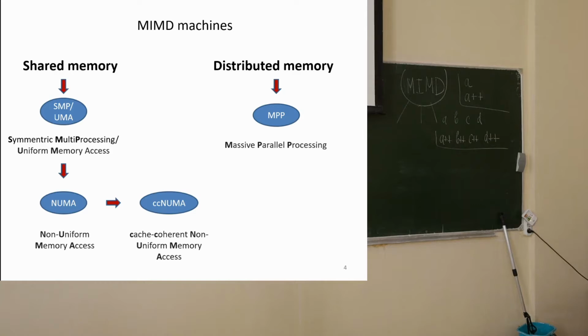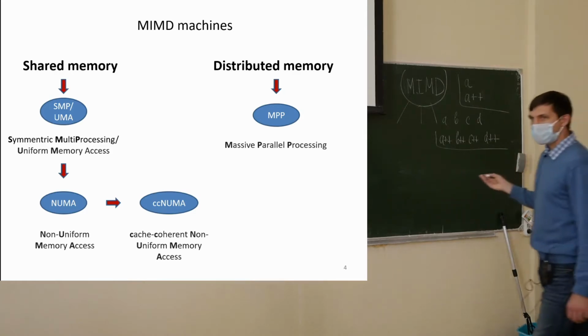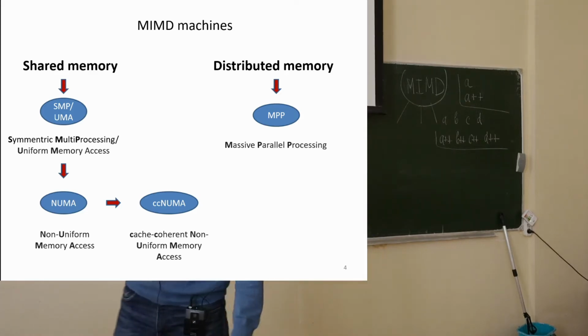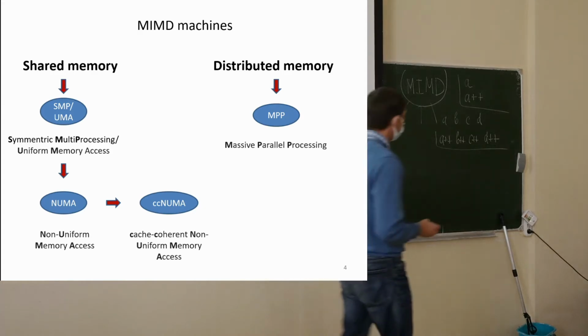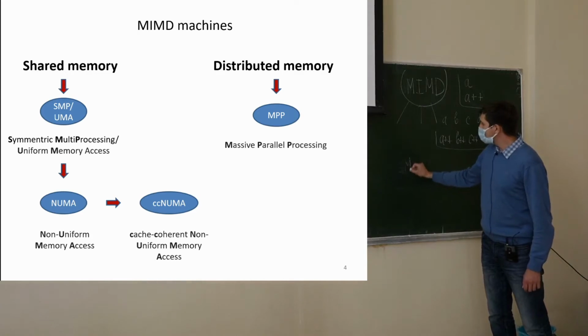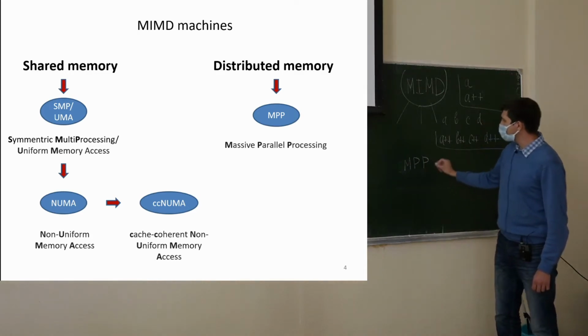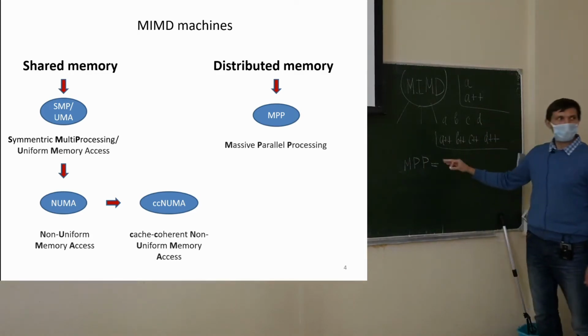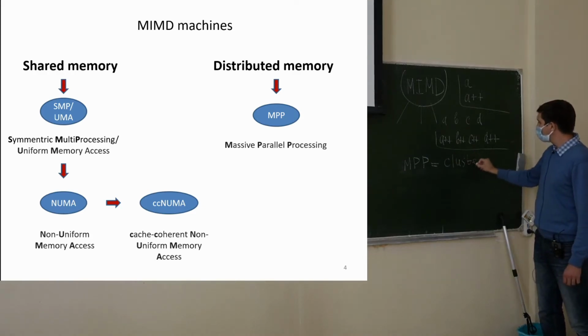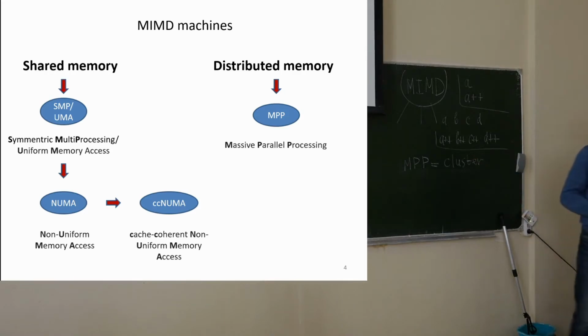So what about distributed memory machines? This is simple. All clusters are distributed memory machines. MPP means massively parallel processing. This is the same as a cluster, a rather cheap machine.